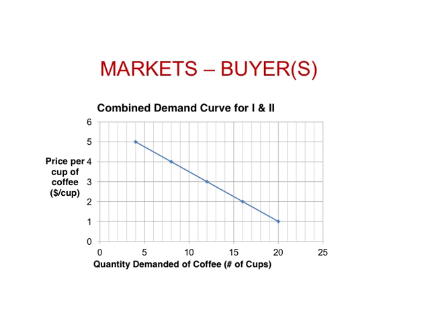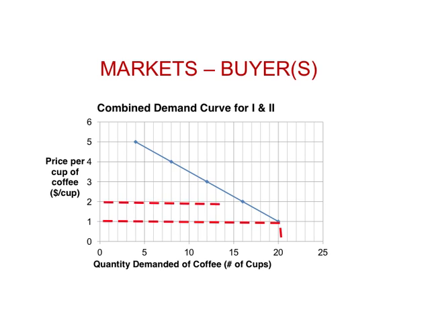Now, we have that information about combined demand for coffee by consumers 1 and 2 taken together. Let us plot these points onto a diagram like this. And what we find is when the price is $1 per cup, both consumers taken together will demand 20 cups of coffee.